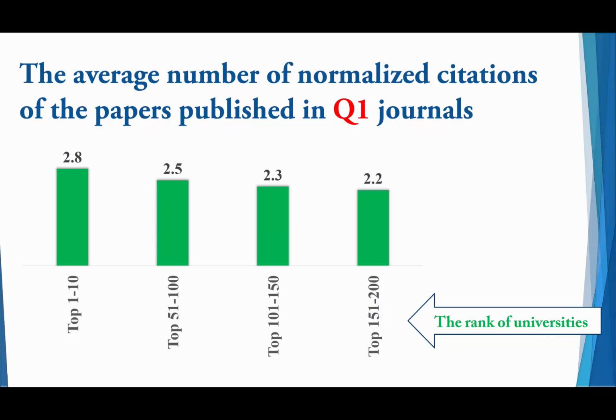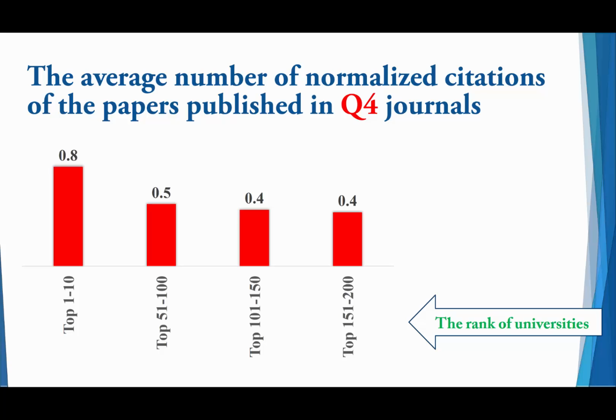The number of normalized citations per paper for those Q1 journal papers that belong to the top 101 to 150 global ranked universities is 2.3, which means this group of papers is 130% more cited than the global average.